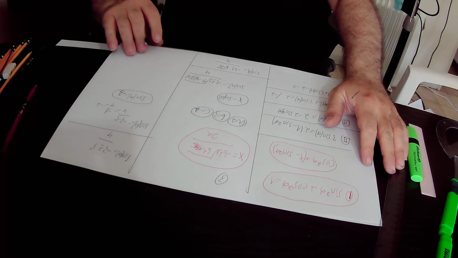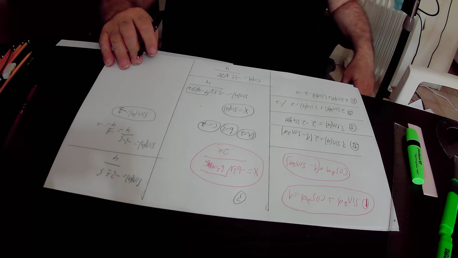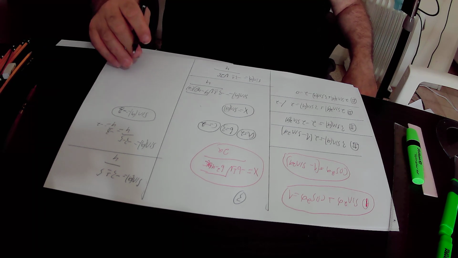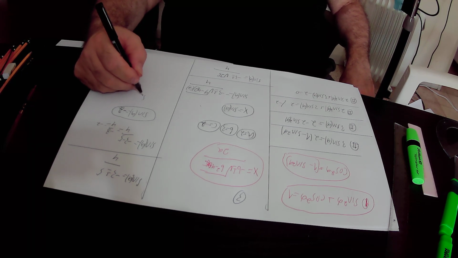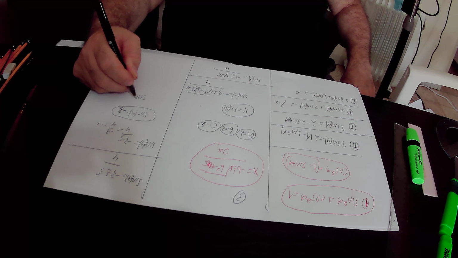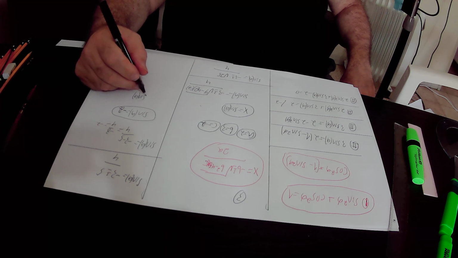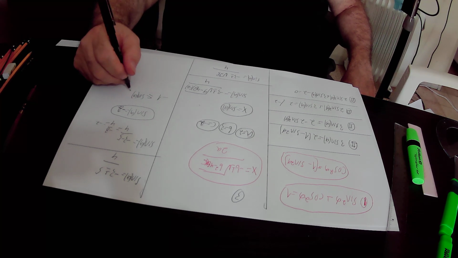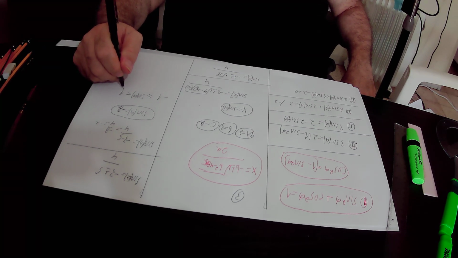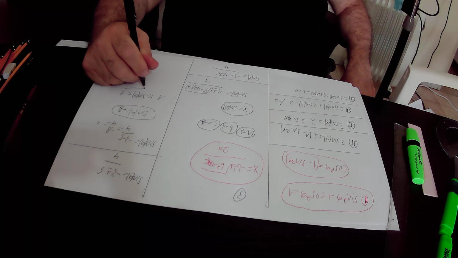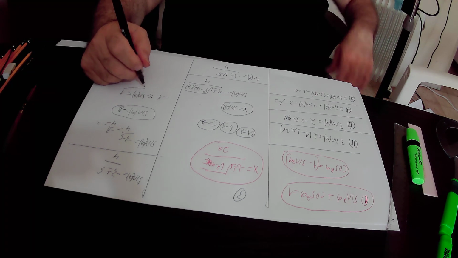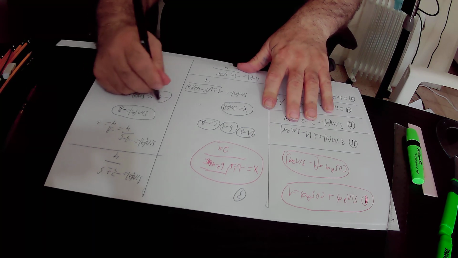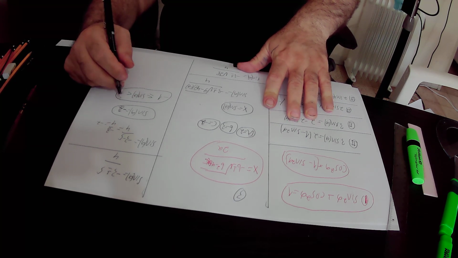But because the values that the function sinus alpha can accept range from minus 1 to plus 1, and minus 2 exceeds this range of values that sinus alpha can accept, this is an incorrect answer.